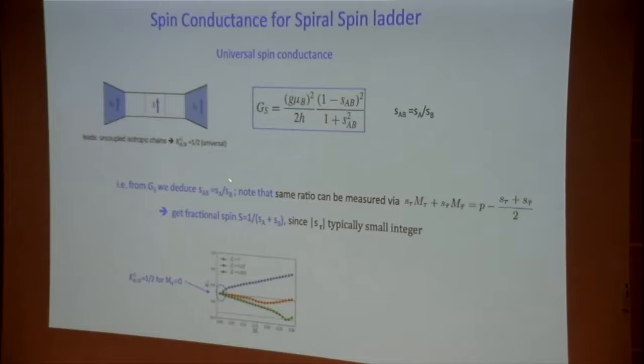So measuring the conductance, we can deduce in principle this quantity, and the same ratio also appears in this constraint, which can also be measured independently. So there are two ways, and this will eventually give then the fractional number here. And again, this universal value appears if the reservoirs are isolated single chains.